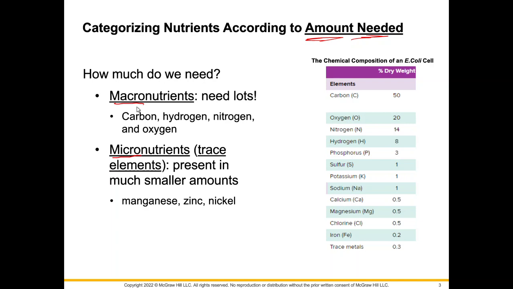So when we say macro, that means large. So we need lots of these macronutrients, whereas micronutrients or trace elements are needed in small quantities, hence the term micronutrients. So our macronutrients are going to contain lots of carbon, hydrogen, nitrogen, and oxygen.